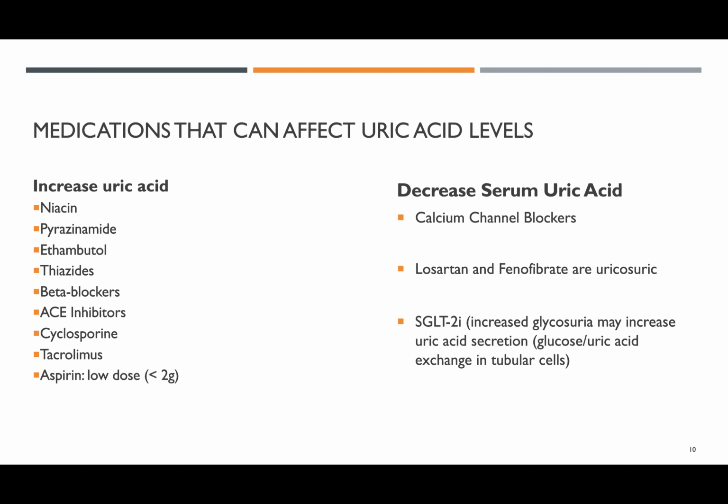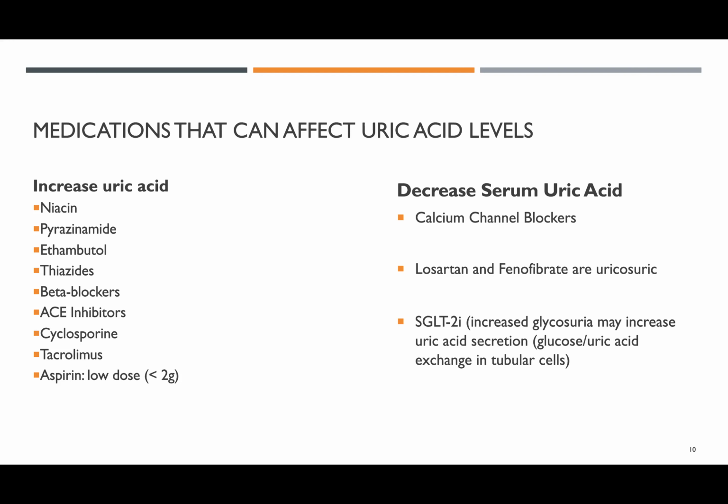Thiazides definitely. They cause the kidneys to reabsorb urate. Beta blockers, ACE inhibitors, immunosuppressants like cyclosporine or tacrolimus. And interestingly, aspirin, even though it's an NSAID, has a paradoxical effect on the urate level. Low dose aspirin, less than 2 grams, will increase uric acid levels.